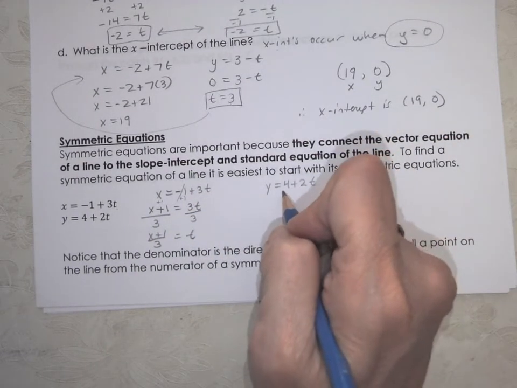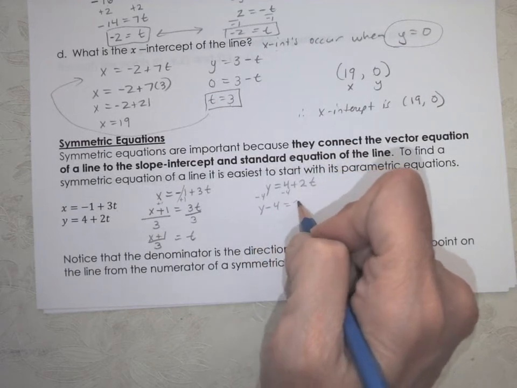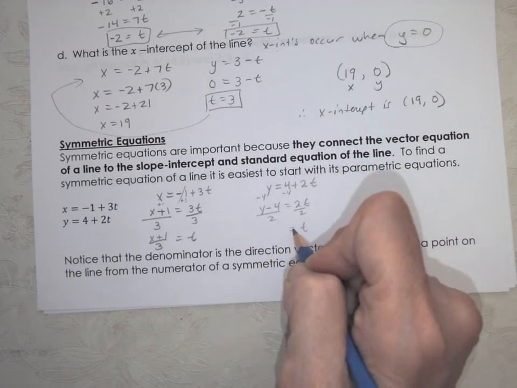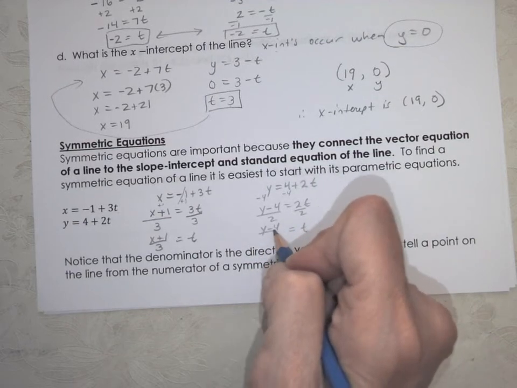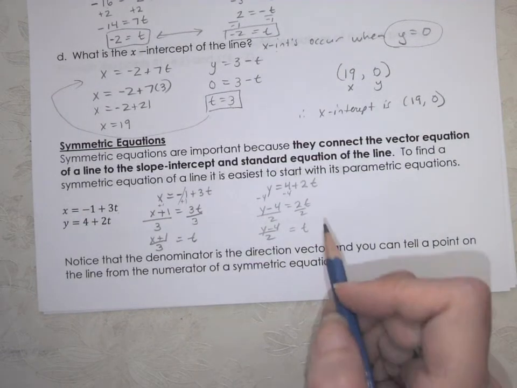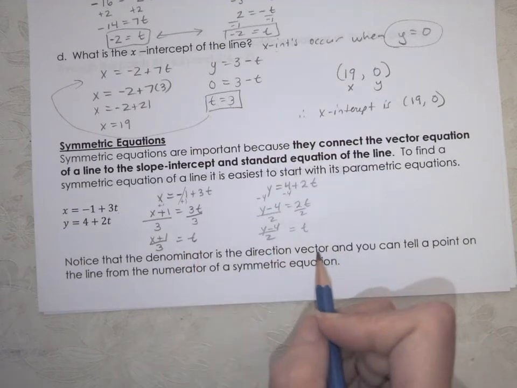Similarly here, I would first subtract 4 on both sides. So I get y minus 4 is 2t. Divide both sides by 2, and I get t is (y minus 4) over 2. But I only consider using my parametric equations for a given value of t. So t is always the same when I'm looking at the x and y parametric.